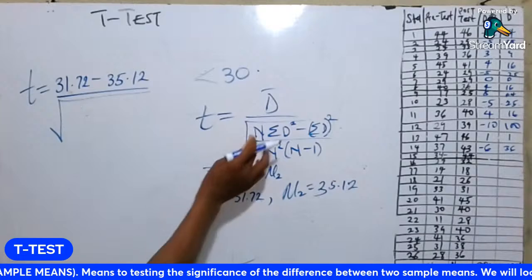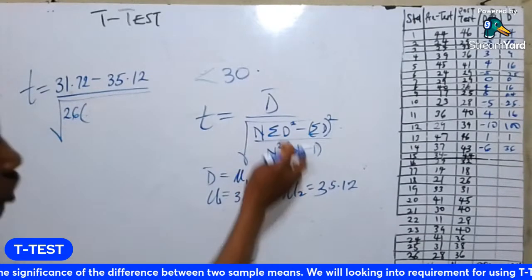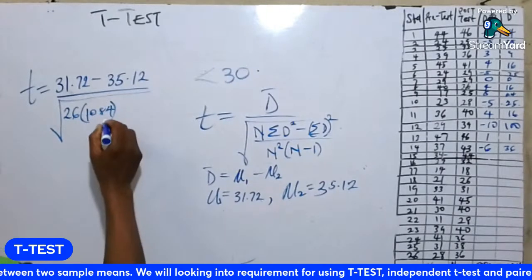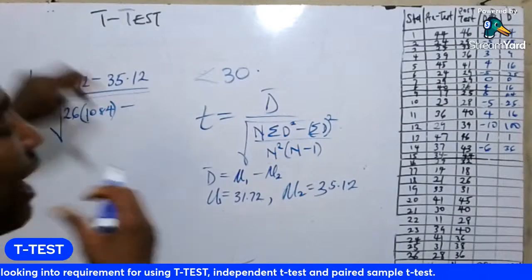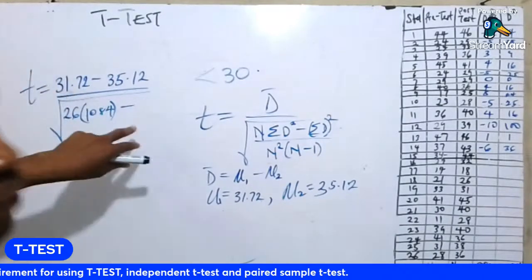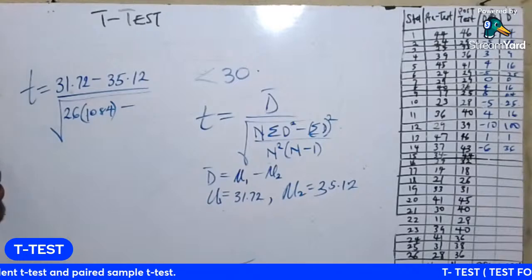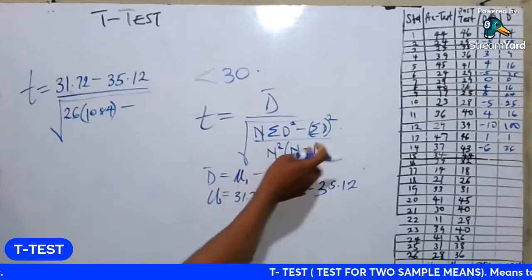the square root of n, our n is 26, multiplied by summation d square, that is 1084 minus summation d. I know some of you are saying the formula looks like the formula of Pearson correlation, but it's not.